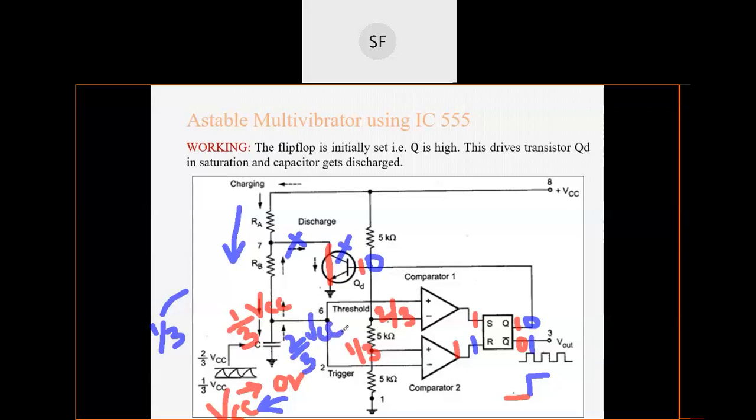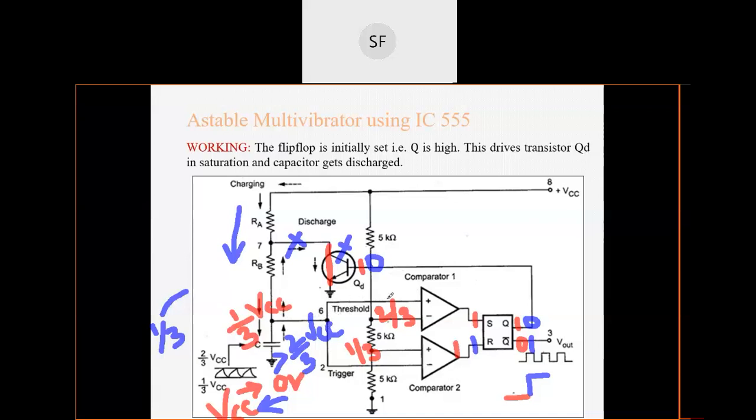So one moment will come when the voltage across the capacitor will be slightly greater than 2/3 VCC. At that particular moment, you can observe that the voltage across the capacitor is nothing but the threshold pin, pin number 6, the threshold voltage.